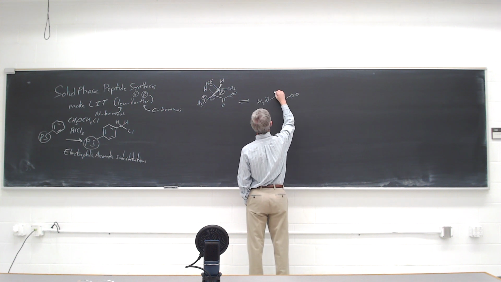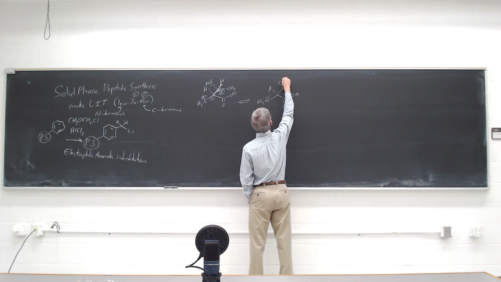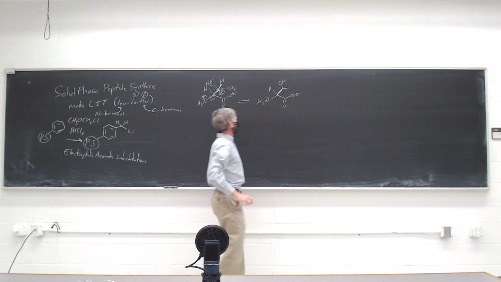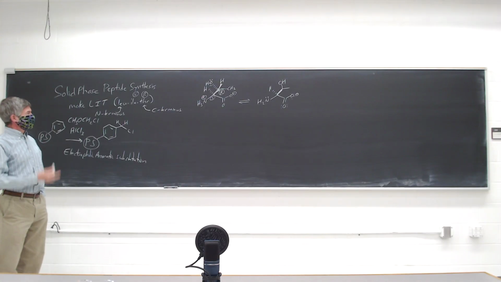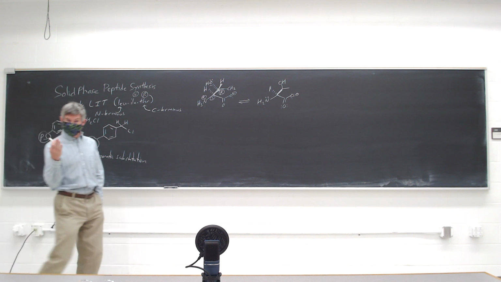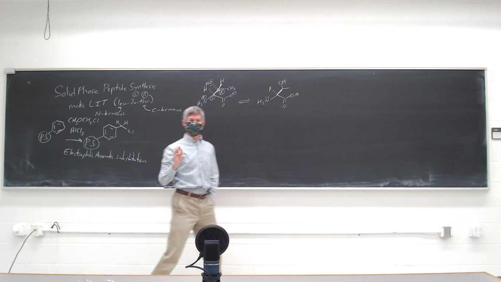Free amine is going to be what we need. And I'll stop showing the stereochemistry on that R stereocenter. So what do we need to do to protect it? We actually have two things we need to protect. We need to protect the NH2 group. We also need to protect the OH group.